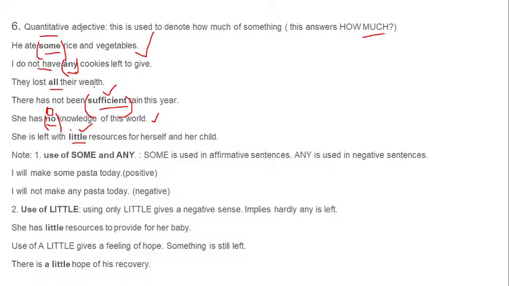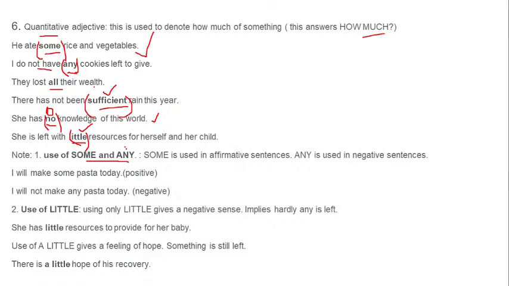So again, this little is a quantitative adjective. And in this portion, as I've written and shown you with the examples, I explain the use of some and any. Often there are confusions regarding the use of some and any. So it's important to know that.